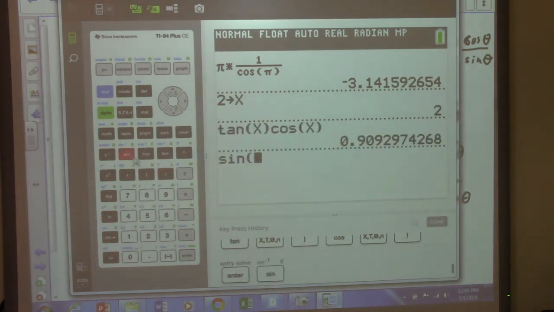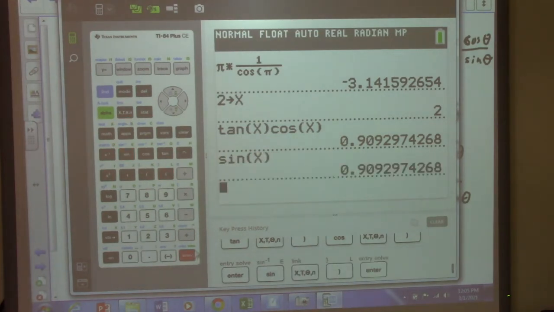I hope we do. Sine x should get the same thing if that's right. It's right, okay? So you can experiment and test if you want to see if they're right.